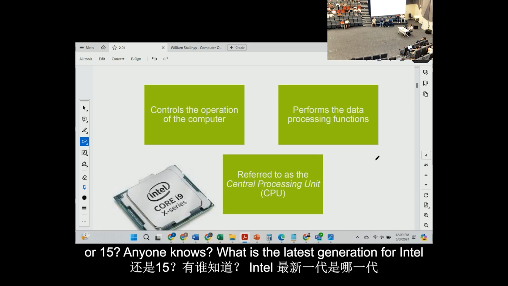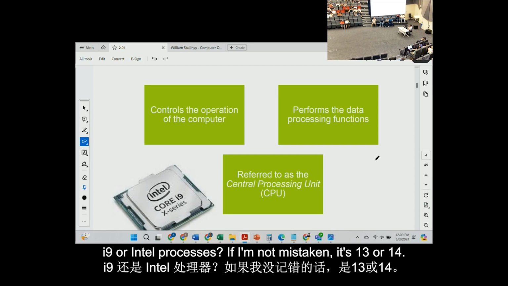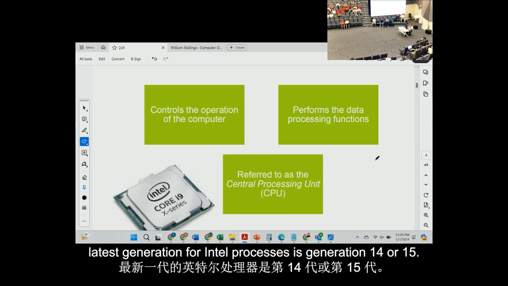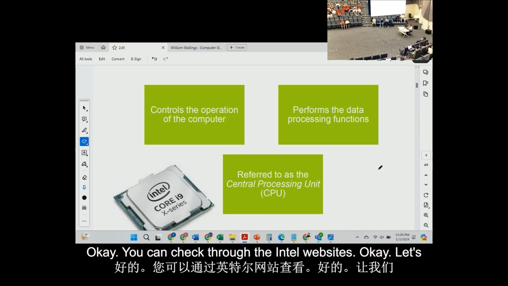If I'm not mistaken, it's 13 or 14. You can check through the website. I might be wrong, you can check through the Intel website.